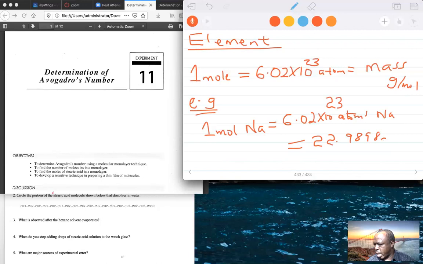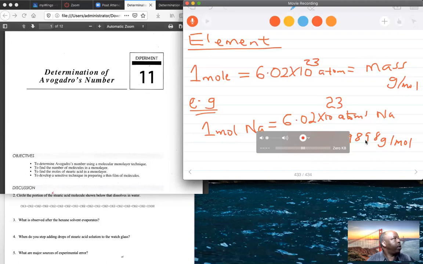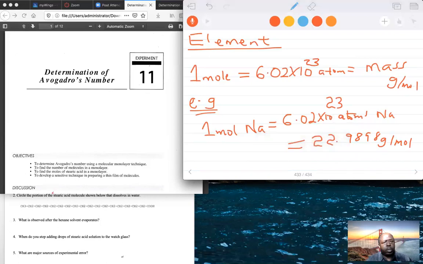I get this number from the periodic table. You don't have to memorize; you'll be given the periodic table. You don't need to memorize the atomic masses.